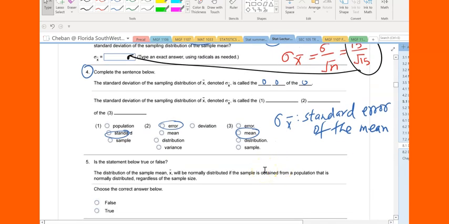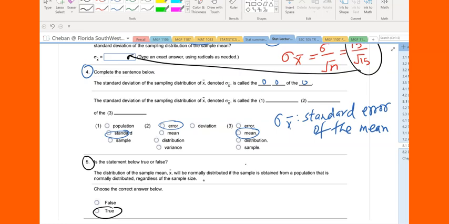Question number 5. Is the statement below true or false? The distribution of the sample mean x bar will be normally distributed if the sample is obtained from a population that is normally distributed, regardless of the sample size. That is true.